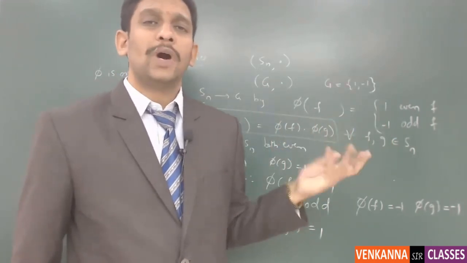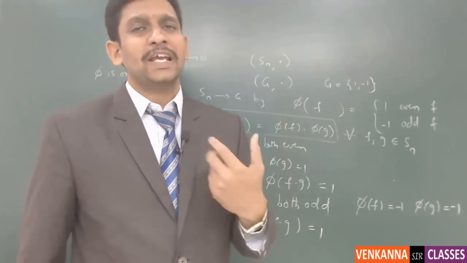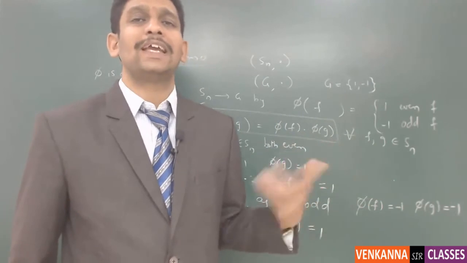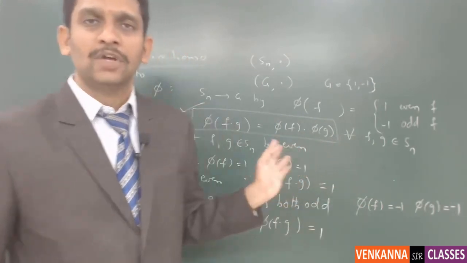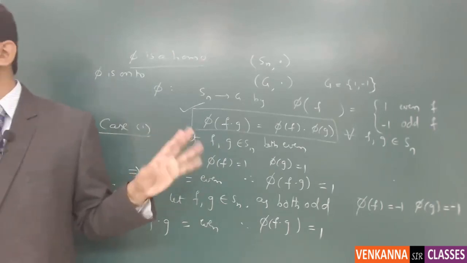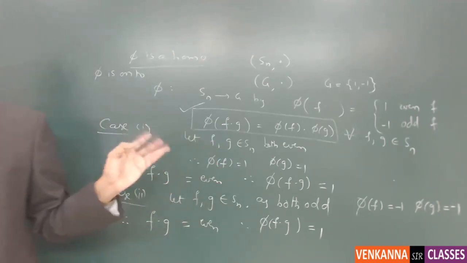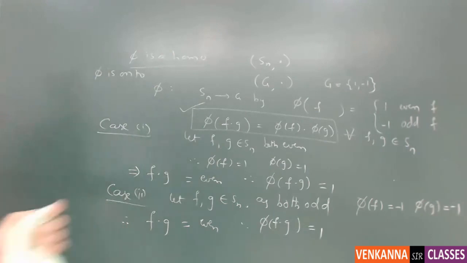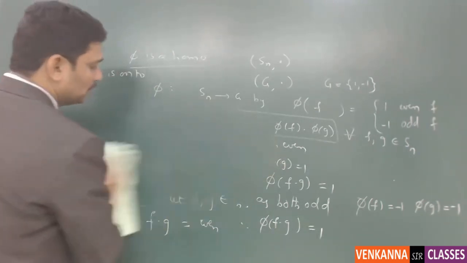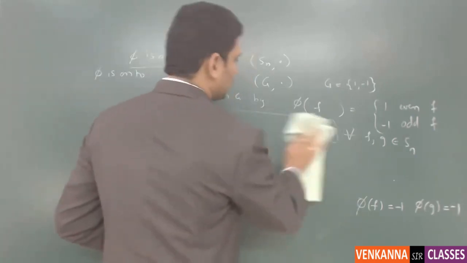If you choose 1, in the domain you can take any even permutation. If you choose -1, you can take any odd permutation in the domain. So it is very easy. It's a trivial case. There is no need to prove onto here. So simply we mention that phi is an onto function clearly. There is no need to show that phi is onto separately.